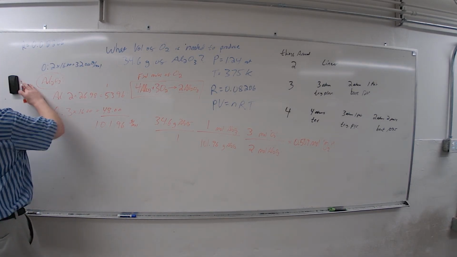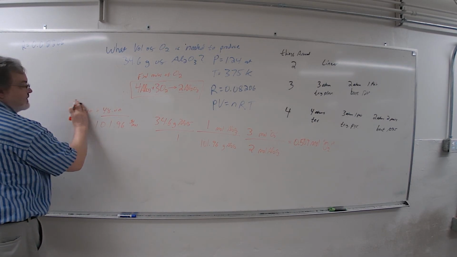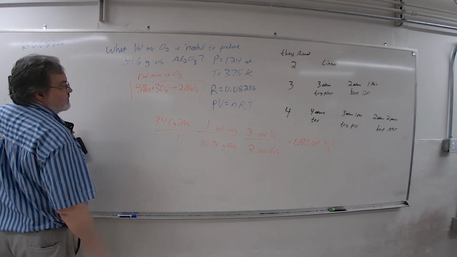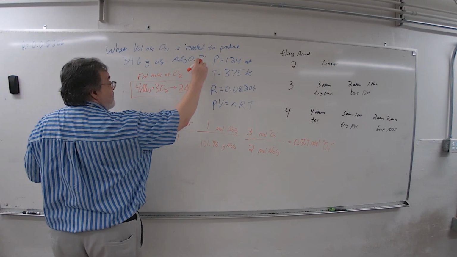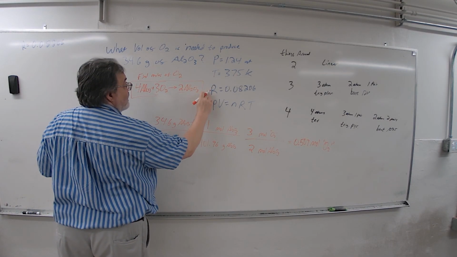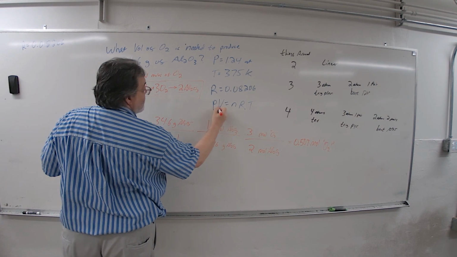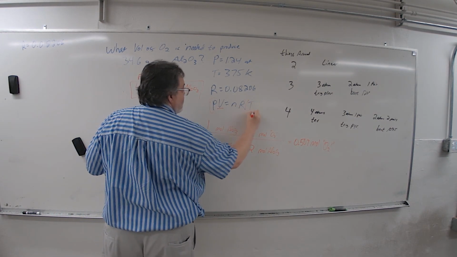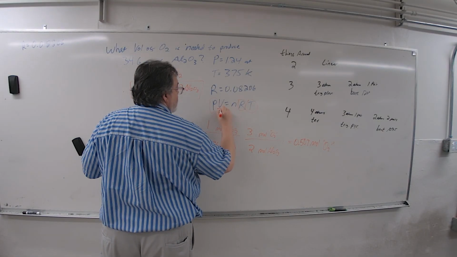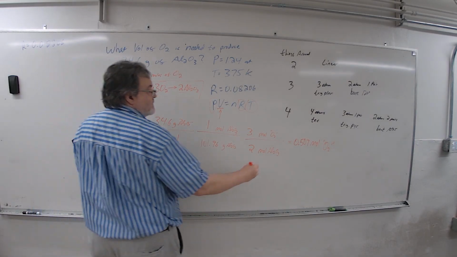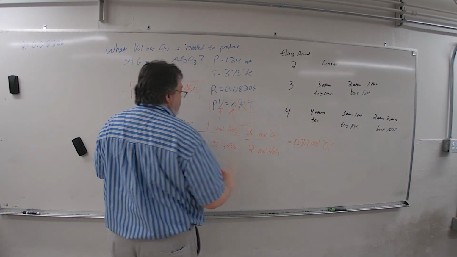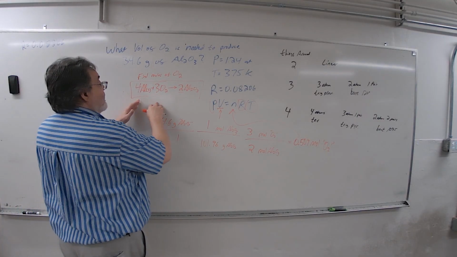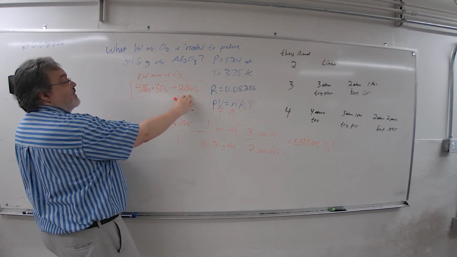If you have that, you don't have to calculate the oxygen. Now we're going to use PV equals nRT. We've got P, T, and R. Volume is what we're looking for, and we just found moles. That'll tell you the volume of O2 needed to get 34.6 grams of Al2O3.